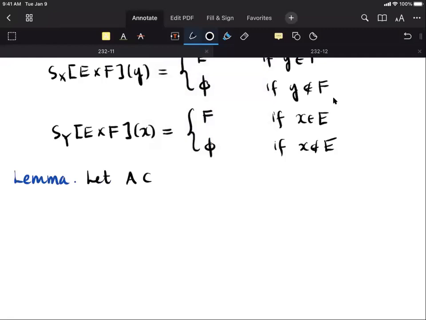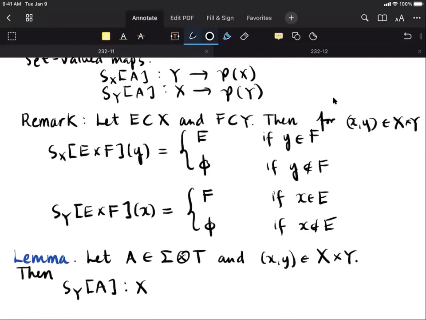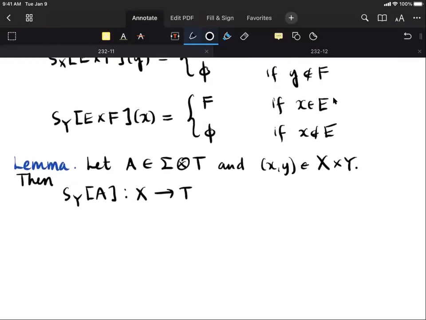So consider an element A in the product sigma algebra and an ordered pair in X × Y. Then the sections, so for the section on Y, this is a map from X to the power set of Y, but we can say that it maps to measurable sets in Y. Namely, you have the sigma algebra T. And analogously, the section on X is a map from Y to Σ.